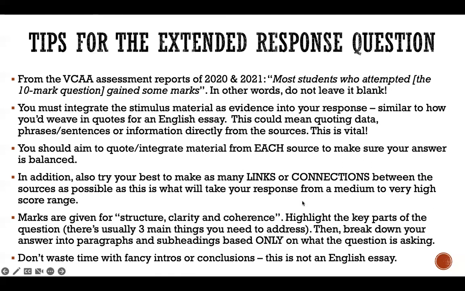What do we mean by making links or connections? What we mean is if in source 1 you've got a graph that shows obesity rates in Australia, and in source 3 you've got a case study about a person who is now so obese that they have to access NDIS because their obesity has rendered them disabled, you can easily make links. You can talk about the fact that the graph in source 1 depicts the increasing obesity rates in Australia from, I'm just making this up, 1990 to 2020.